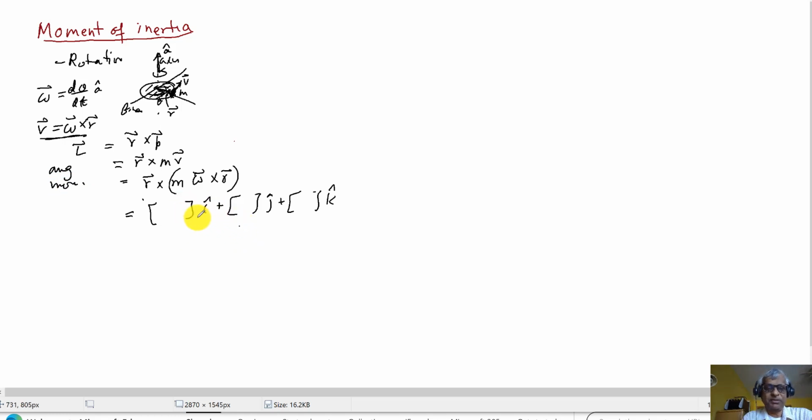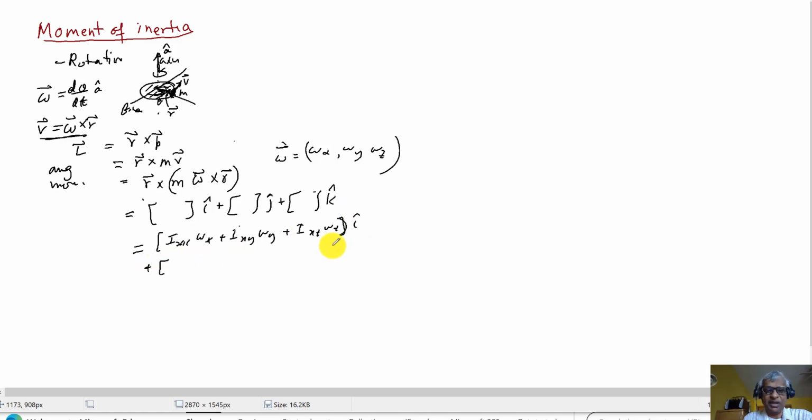You can write these in terms of the components of omega. So omega has omega x, omega y, omega z. These are the components of this vector. Then you can write this whole thing as I xx omega x plus I xy omega y plus I xz omega z, and that's the i hat.